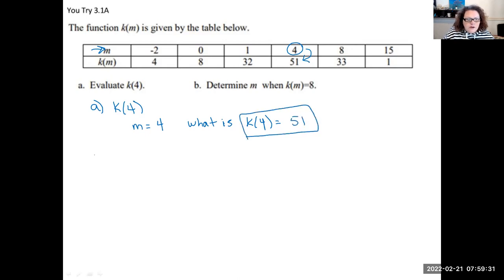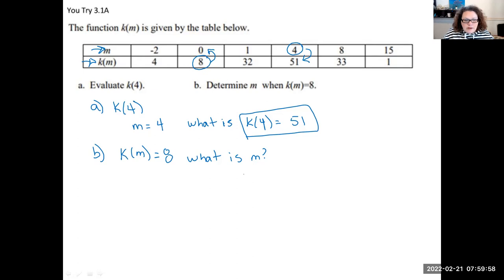All right, for B, determine M when K of M, the function K of M, is 8. What is M? So I have to come up here where K of M is because they're telling us what the function K of M is. So I have to find 8. Well, here's 8. What's M when K of M is 8? 0.